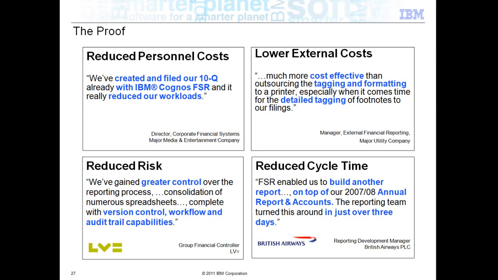Other examples are around reducing risk and reducing cycle time as well: greater control, version control, workflow and audit trail capabilities, and just simply the ability to quickly turn around additional reports, whether they be XBRL or other, in a very timely manner. "It's a nice surprise to be able to use FSR for report automation, when sometimes the initial focus might be simply on XBRL and XBRL tagging."